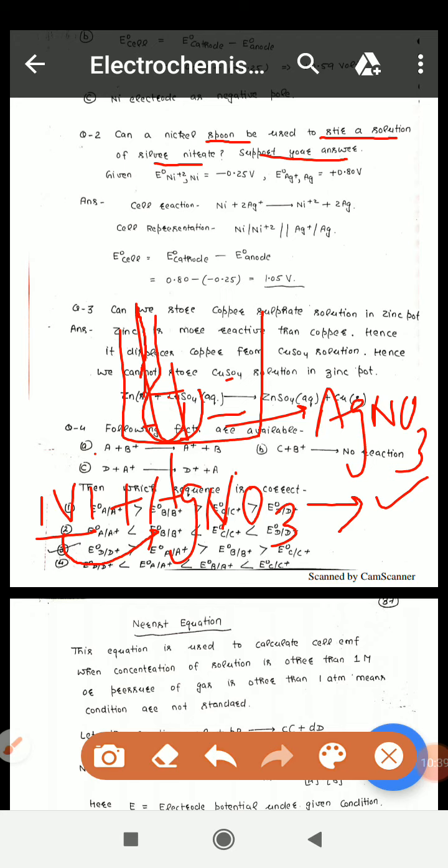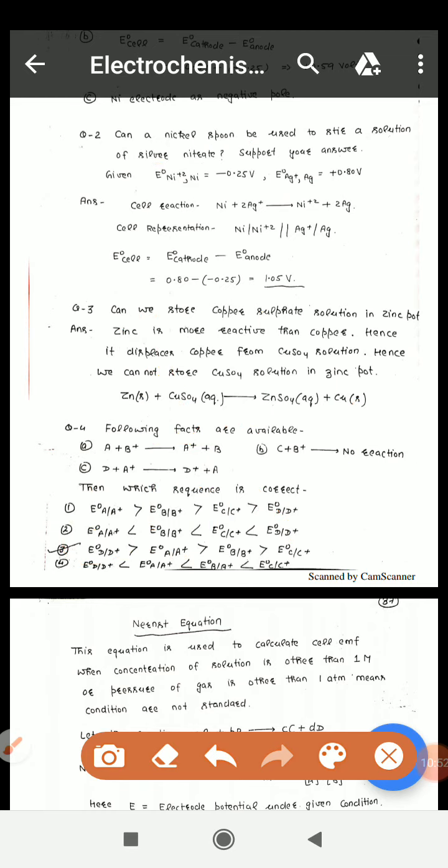The second method is, if the electrode potential values are given, then you solve for the E naught cell value. How can you solve the E naught cell value? Apply the formula: E naught cell equals E naught cathode minus E naught anode.